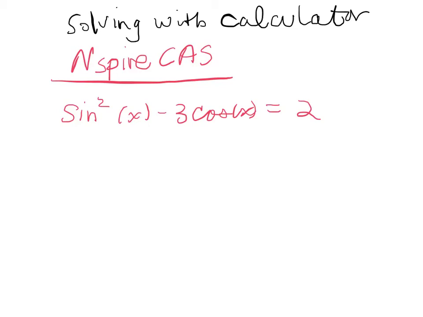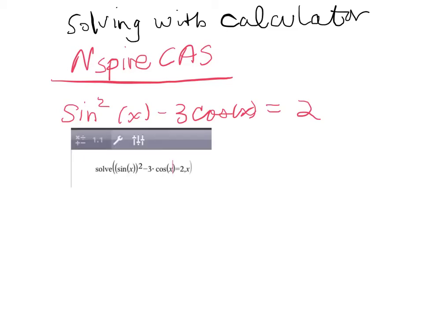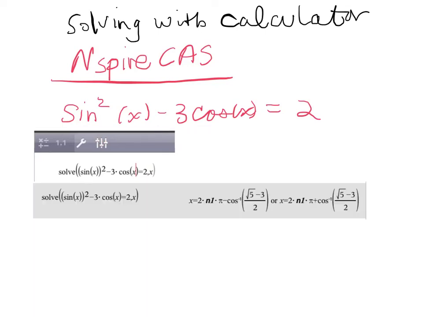If we wanted to use the calculator to solve this, here's what we would enter into the Inspire CAS. Notice how you enter the syntax. We'd say solve, and we enter the equation, and then it's comma x. That's telling it to solve for x. But watch what happens when we execute this command. Wow.